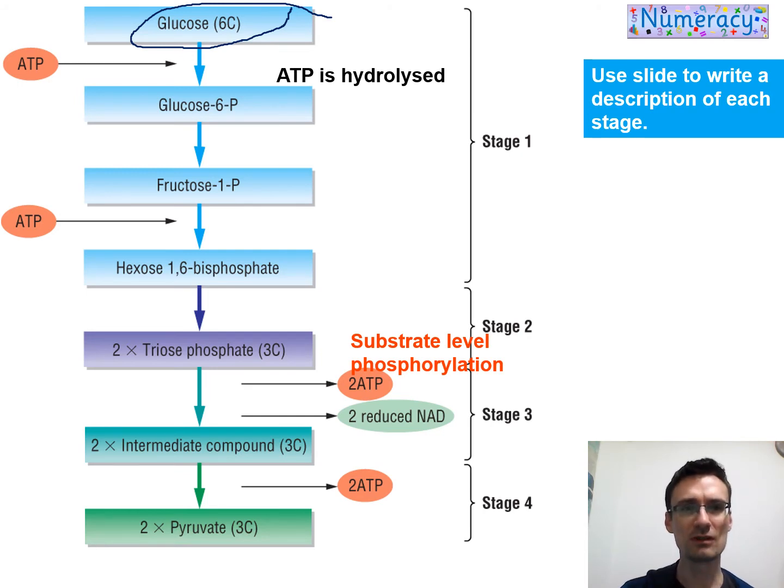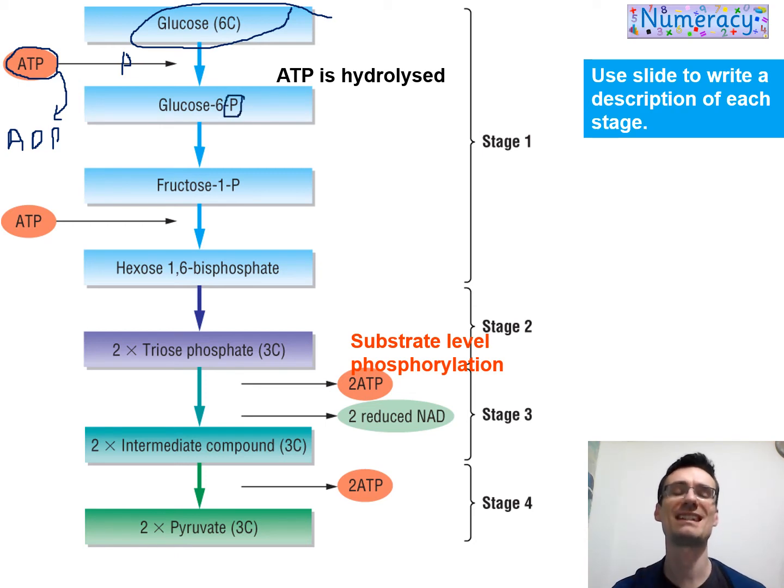So what we actually do, it seems a bit weird because we're trying to make ATP, is we use one molecule of ATP that is converted from adenosine triphosphate into adenosine diphosphate, and that phosphate molecule that's come off is put into the glucose to make glucose 6-phosphate.